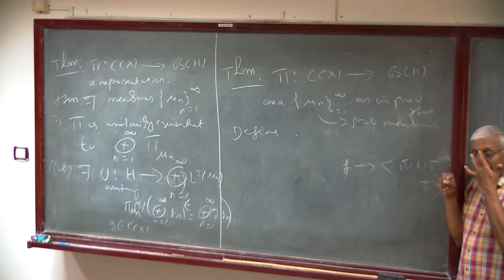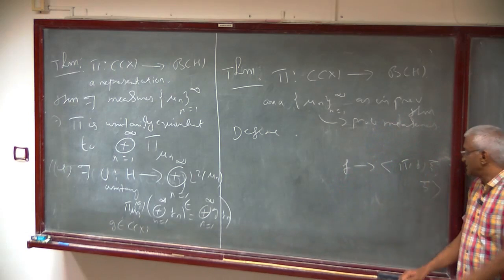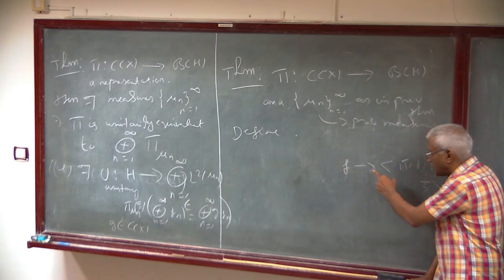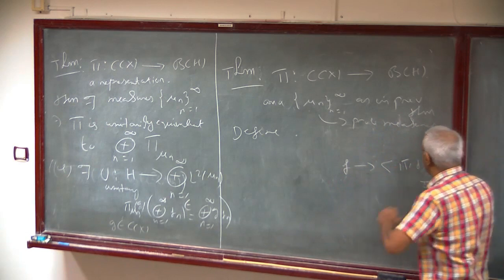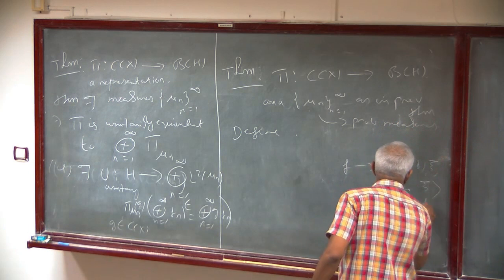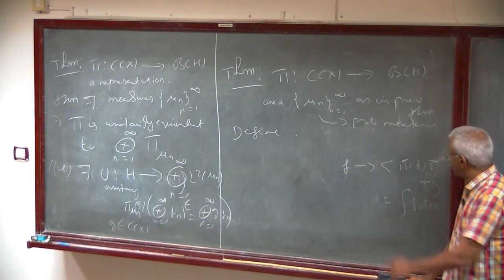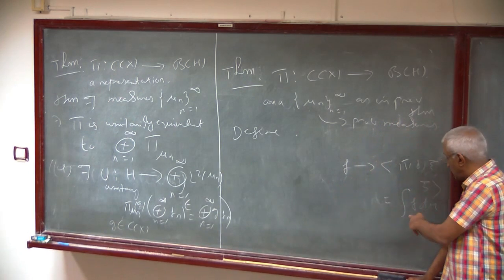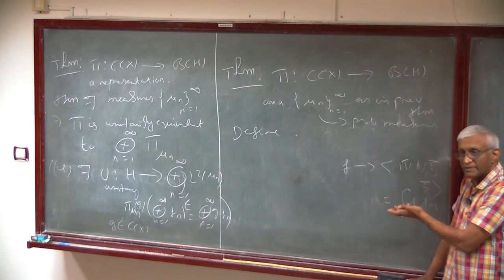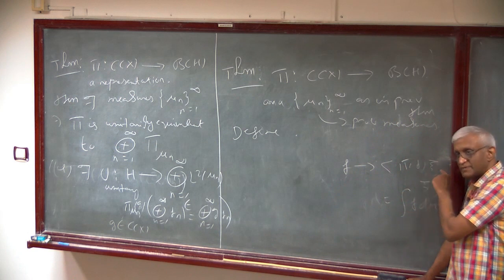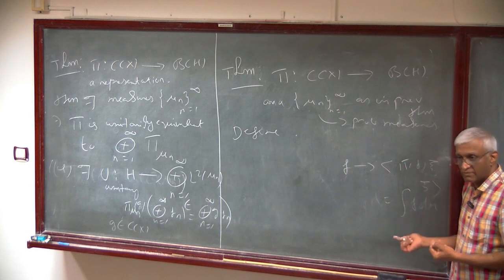When you have a cyclic representation, use that. Since the cyclic vector is a unit vector, it's a problem.